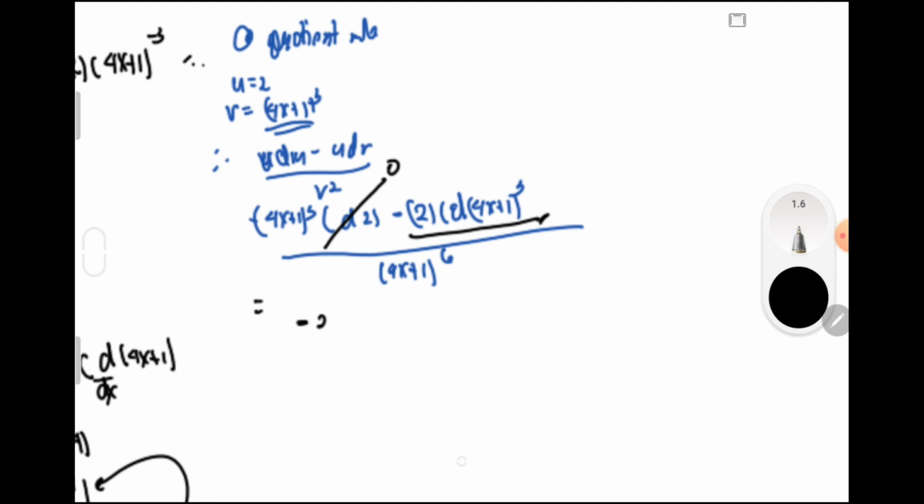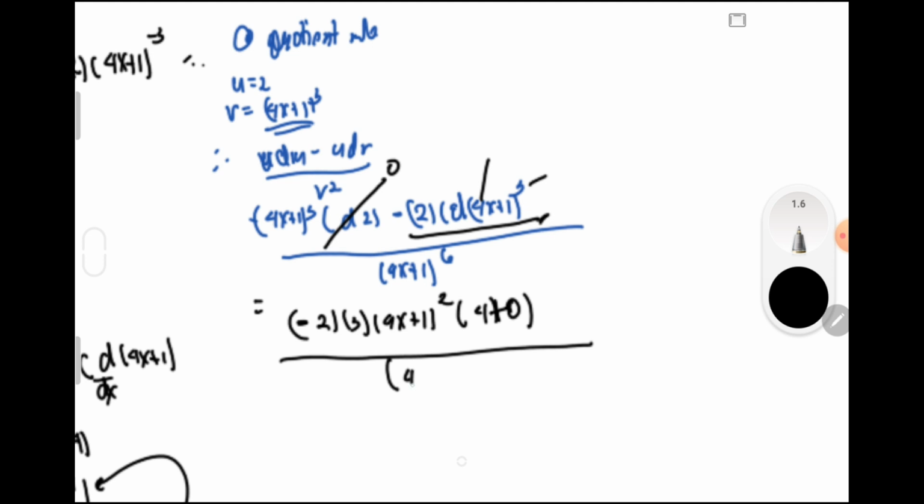We'll have a value equal to negative 2 multiplied by 3 multiplied by 4x plus 1 squared multiplied by the derivative of 4x is equal to 4 multiplied by the derivative of 1 is equal to 4 plus the derivative of 1 is 0. Ganyan. So therefore we'll have a value of 4x plus 1 raised to 6.